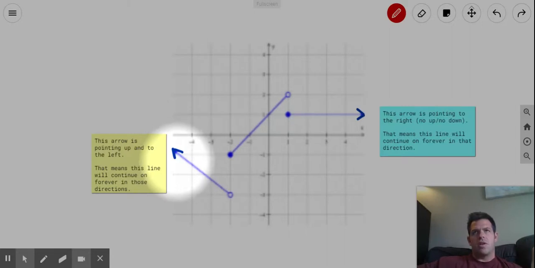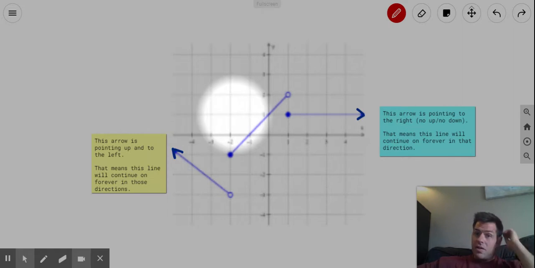Eventually we'll get into how it all looks, but just looking at the context clues right now. When we have an arrow pointing off to the left and upwards, we know that arrow is going to continue on and on forever. We're going to get into the concept of infinity and, technically, also negative infinity.